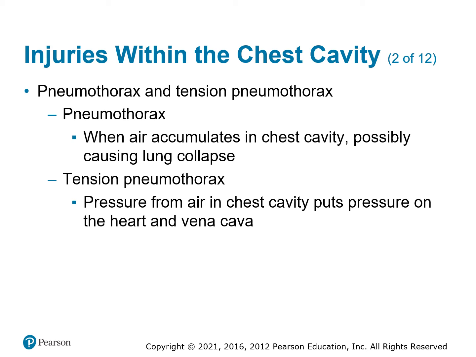If it progresses to the point that air actually compresses the lung all the way down, it can start putting pressure on the heart and the vena cava. This is called a tension pneumothorax, and it becomes especially critical for the patient because of a number of factors, from kinking off the vena cava to compressing the heart and preventing it from filling.